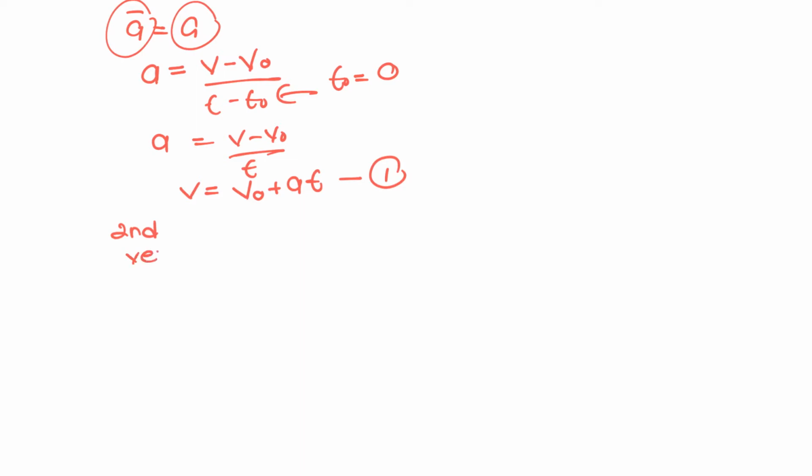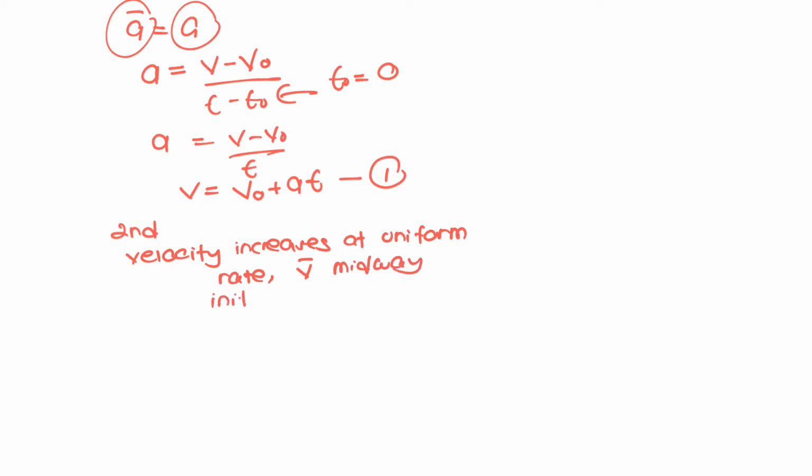Second equation. When velocity increases at a uniform rate, your average velocity will be midway between the initial and final velocity.